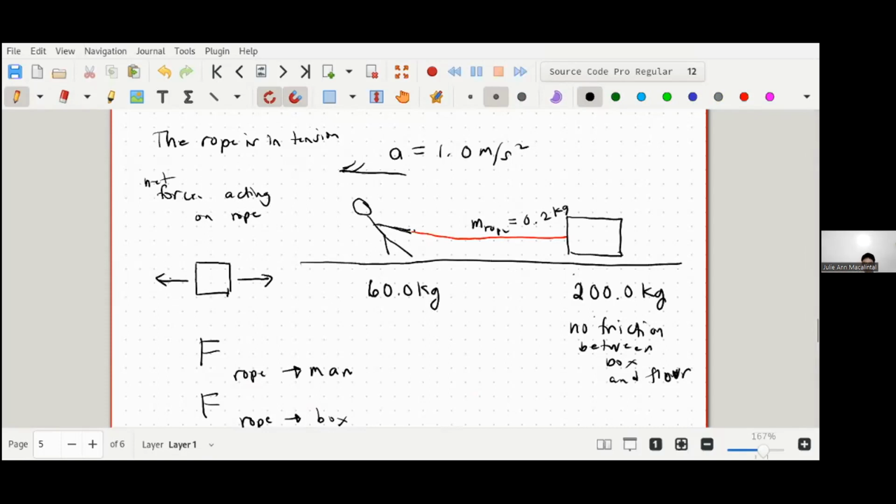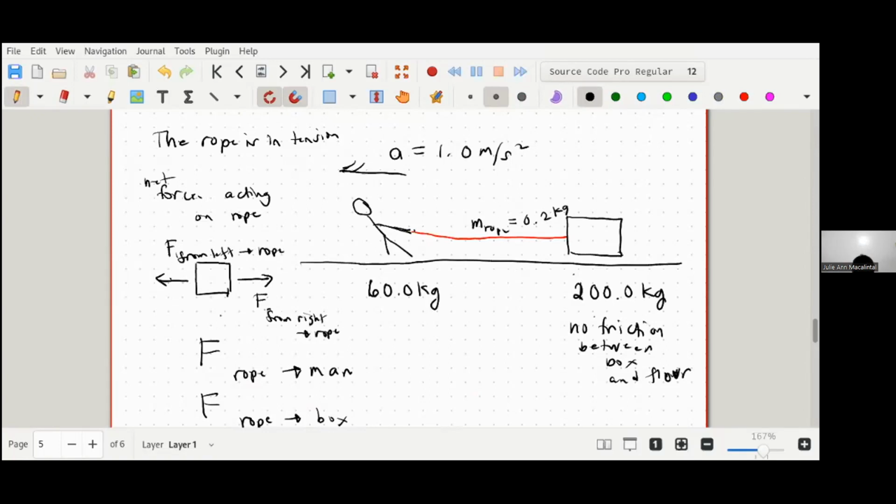So there is a force acting on the rope from the left, acting on the rope, and a force acting on the rope from the right, acting on the rope. In that case, the rope is in tension.